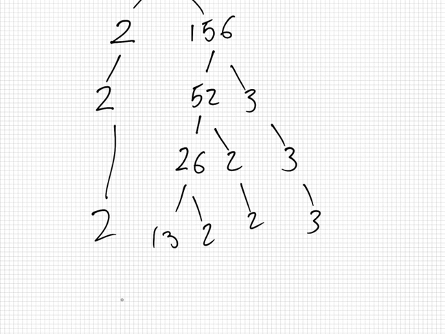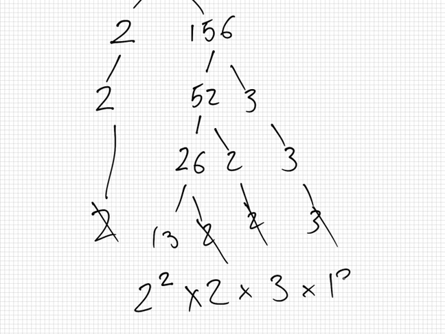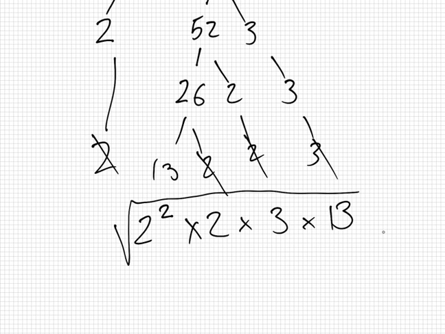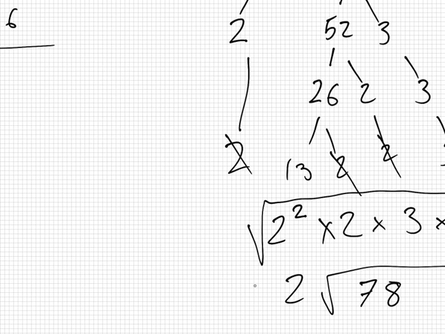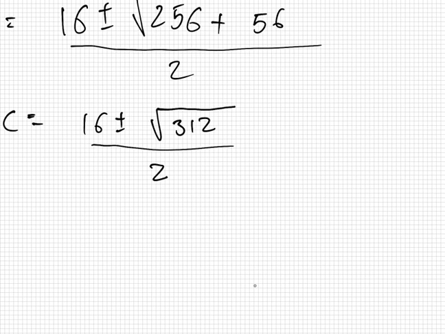So that's 2 squared multiplied by 2 multiplied by 3 multiplied by 13. So when I do a square root here, what am I left with? 2 root 2 by 3 by 13. What's that? 78. 2 root 78. Now I can go back and put that in.